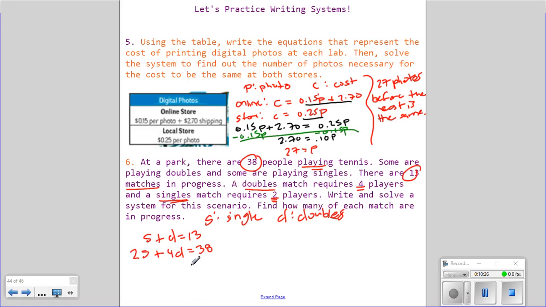So here's the system of equations that could be used to solve this scenario. I would like for you to finish solving to see how many S's and how many D's are in this situation.